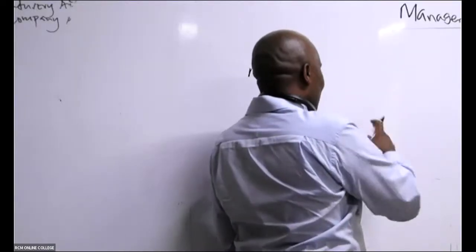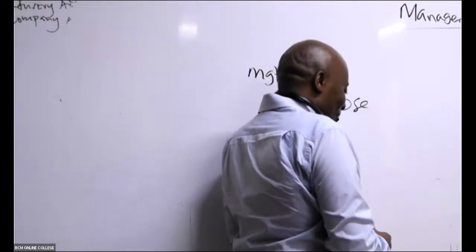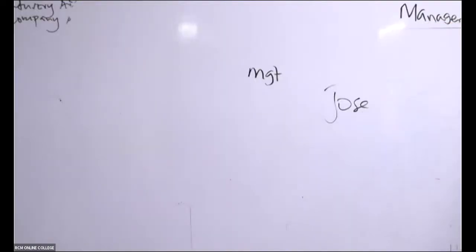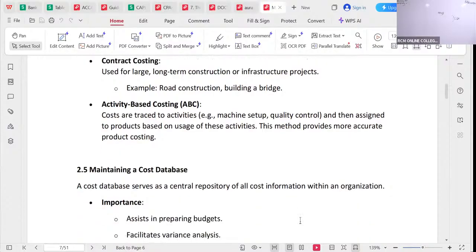So also for cost, we need a database where we store. We are told: a cost database serves as a central repository of all cost information within an organization.